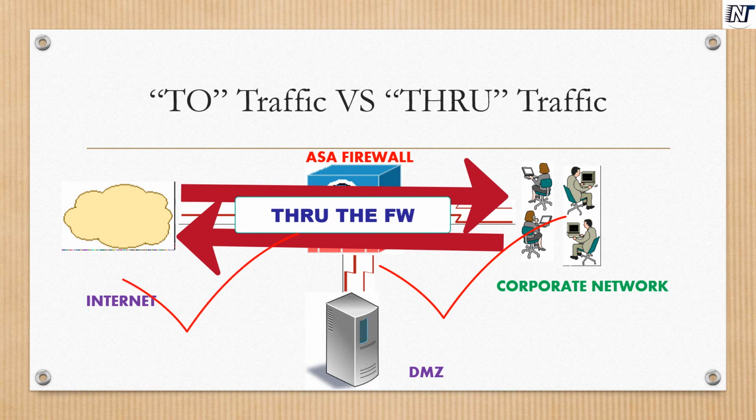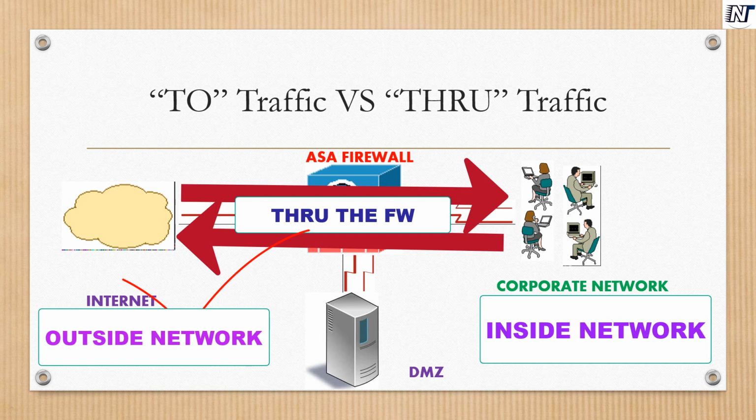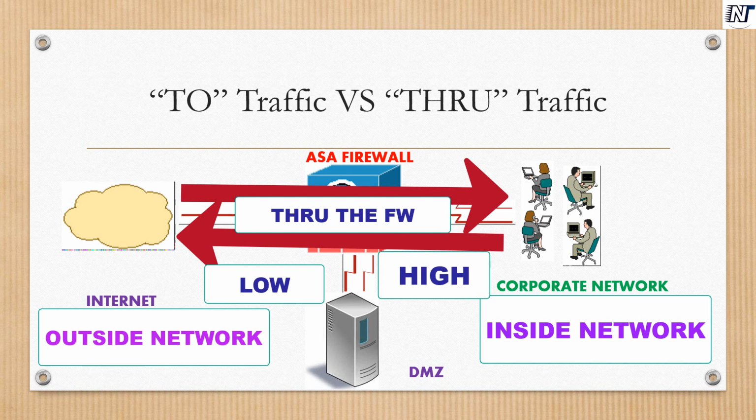This is my inside network. When we talk about high to low, that should be allowed, and low to high, that should be blocked. When you have any ACL that will allow traffic from low to high, all these are for through traffic. It doesn't affect any to traffic.